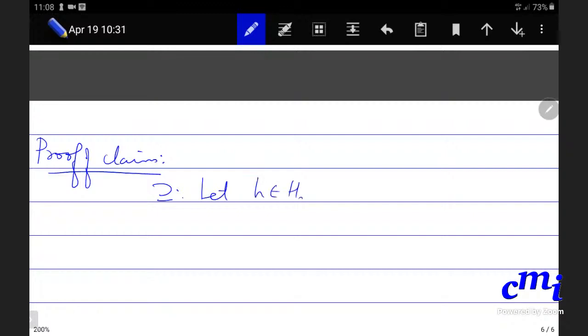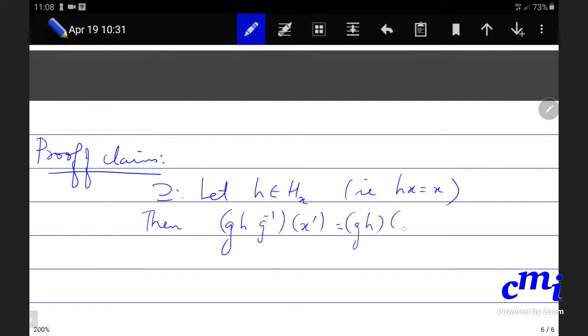That is, hx is x. Then g h g inverse applied to x prime is g h applied to g inverse of x prime.